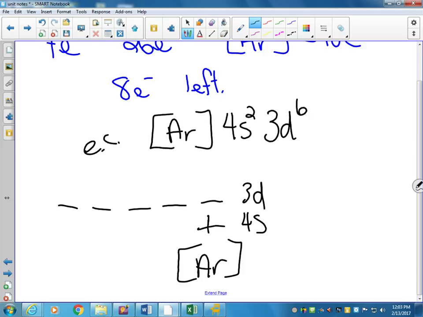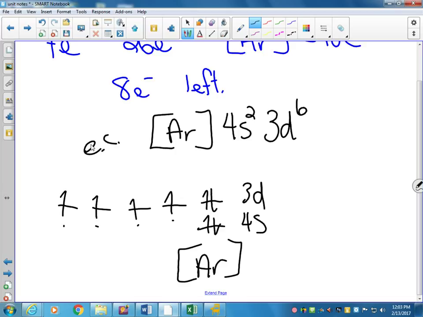Filling them out, 1 up, 1 down, that's 2, 3, 4, 5, 6, 7. And then I just have to fill out the last one. Lots of times I just come back and start again. Does it matter where that last electron got placed? As long as it's in one of these orbitals. Okay? Are we happy?